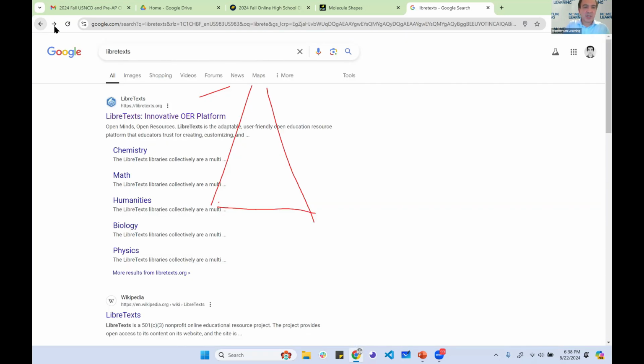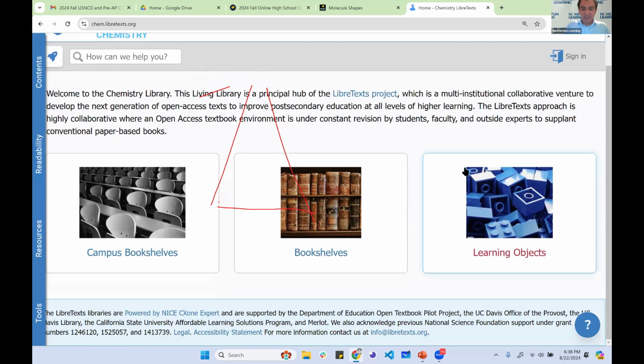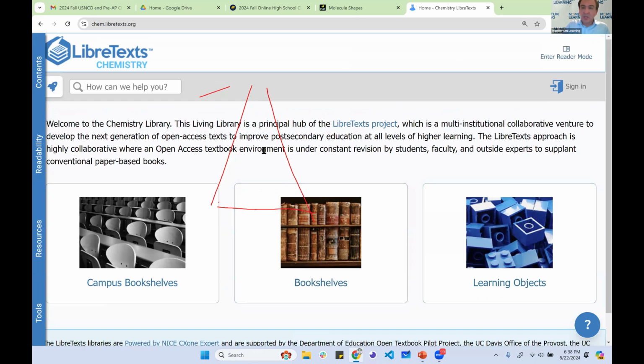So it's not limited to chemistry, but a chemistry textbook is also there, in PDF format, or you can use the online version. Whatever topic you need help with, you can search online and it will send you to that page with the information that you need.